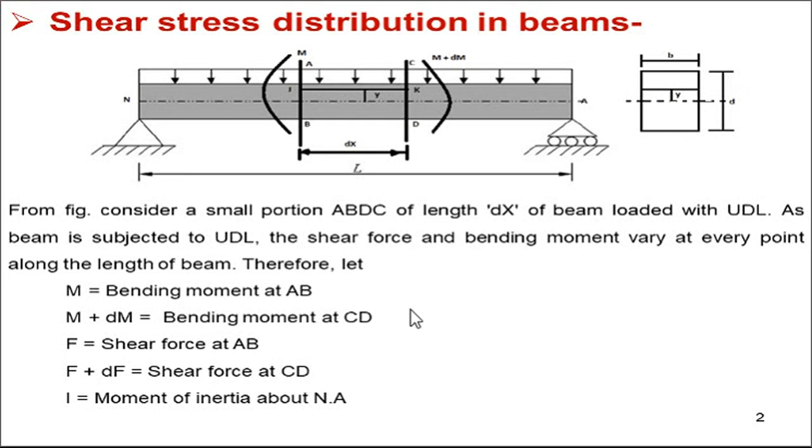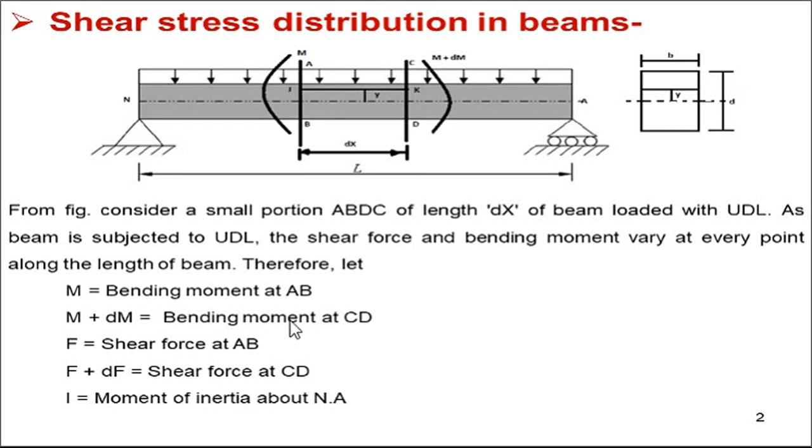Therefore, we consider the bending moment at AB as capital M, and the bending moment at the other section CD as M plus dM. So at AB we consider moment M, and at CD we consider the moment M plus dM.